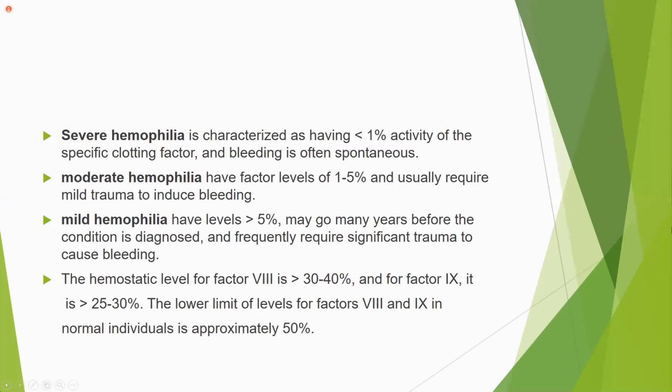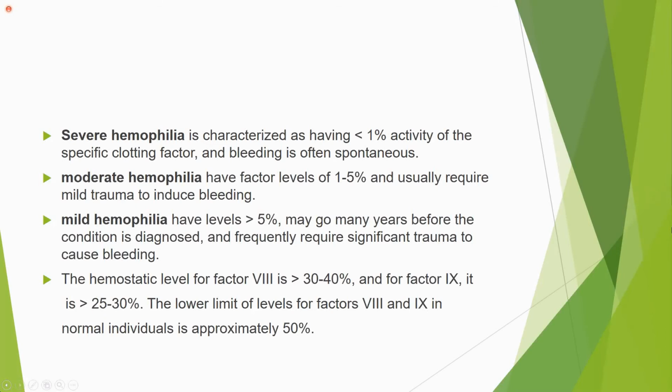The hemostatic level for factor 8 is 30 to 40%, and for factor 9 is 25 to 30%. Now, what do you mean by hemostatic level? When we measure the factor activity, we take 100% as the normal. But 100% activity is not always present. So, there is a level of each factor at which hemostasis is achieved, and this is the minimum level required to achieve hemostasis.